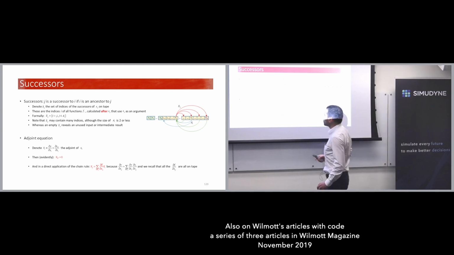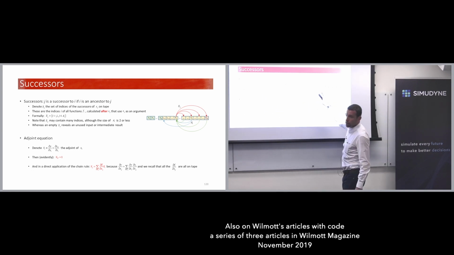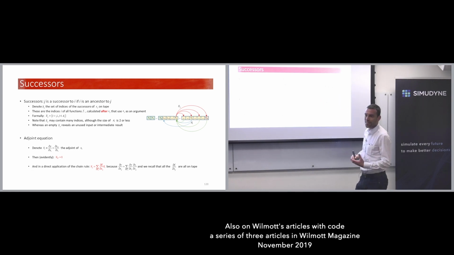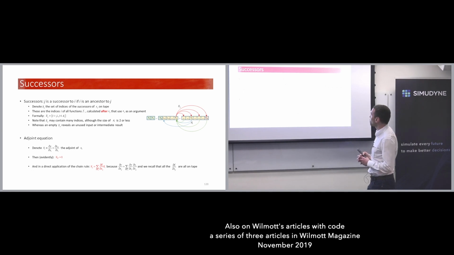However, in theory, it's possible to have 0 successors, but that would reveal that this is something that you calculated and didn't use to produce the final result, right? So that would be symptomatic of a poor code structure where you calculate something and don't use it. So normally you would have at least 1 successor, and you can have as many of these as required.